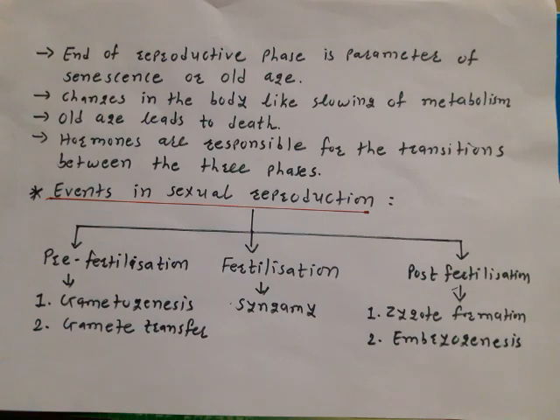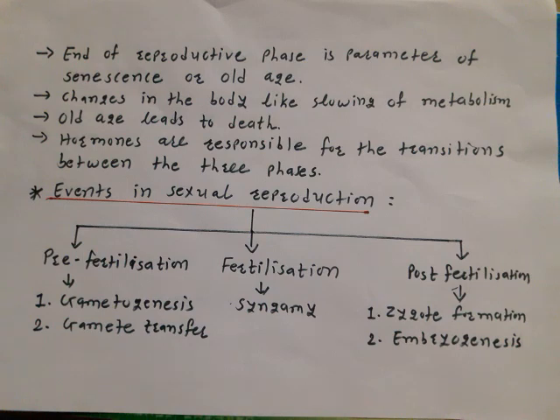Now, events in sexual reproduction. Mainly three kinds of events are observed during sexual reproduction: first pre-fertilization events, second fertilization event and third post-fertilization event.